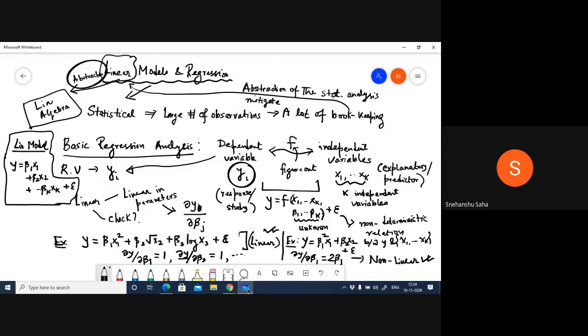The idea of regression is just going backwards. The meaning of the word regressing is that we go back. What do we mean by going backwards?